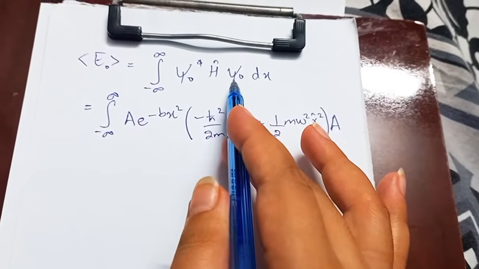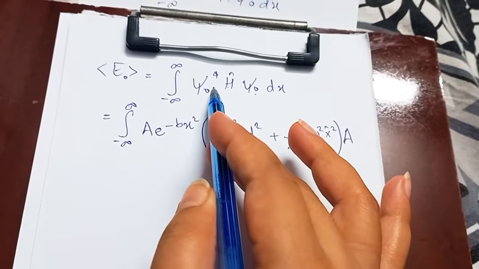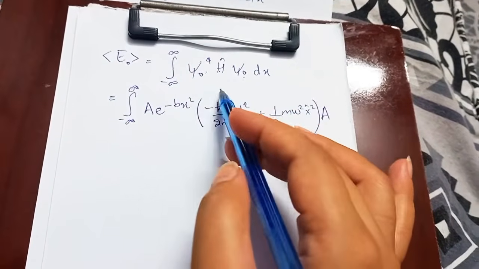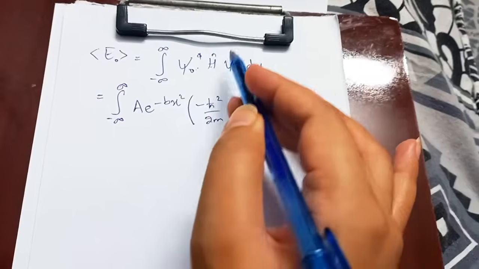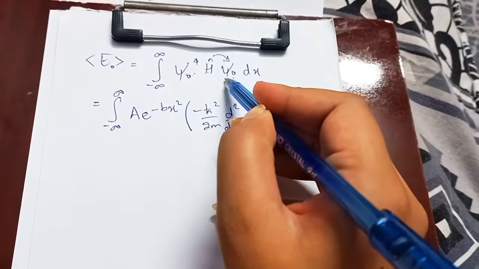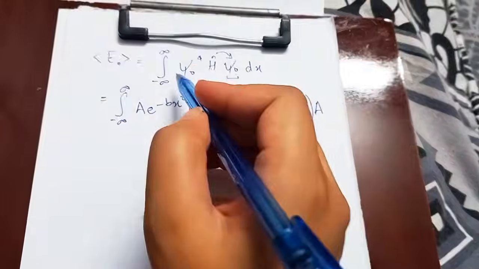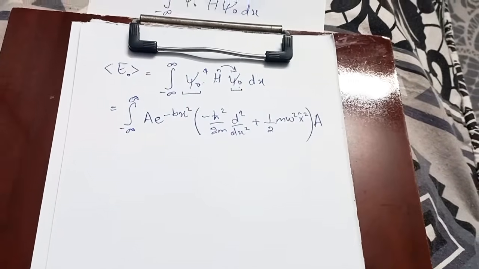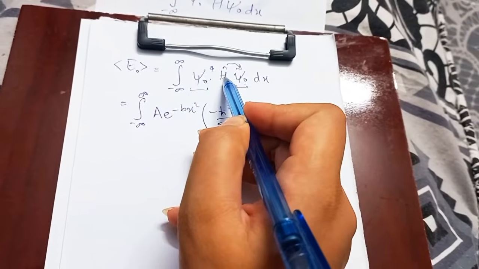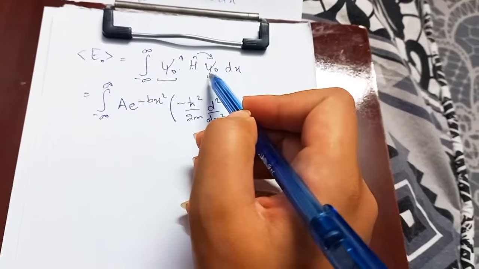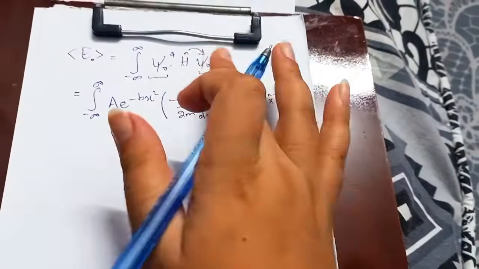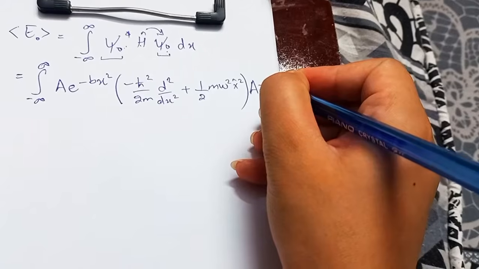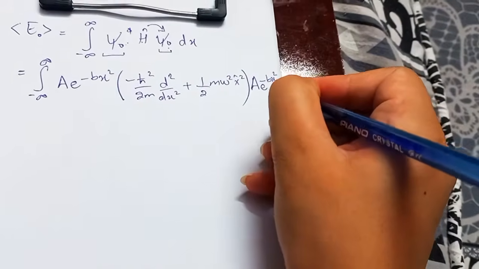You can't write psi naught just before the Hamiltonian, you can't interchange their positions. The Hamiltonian will only act on this wave function, not on the one whose conjugate was calculated. It is before the Hamiltonian, so the Hamiltonian will only apply on psi naught, so we'll write it at the right side of the Hamiltonian, e to the power minus bx squared and dx as it is.